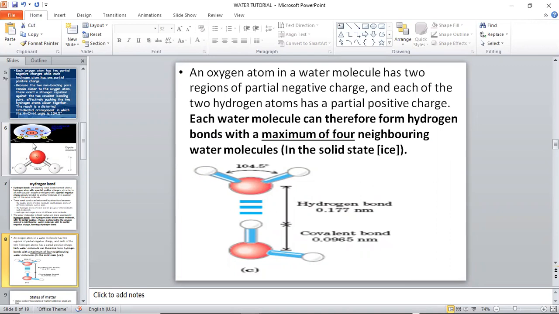So we find that each water molecule will therefore form a maximum of 4 hydrogen bonds between itself and the neighboring molecules. The maximum number of hydrogen bonds, those 4, are formed in the solid state, as we'll see further.